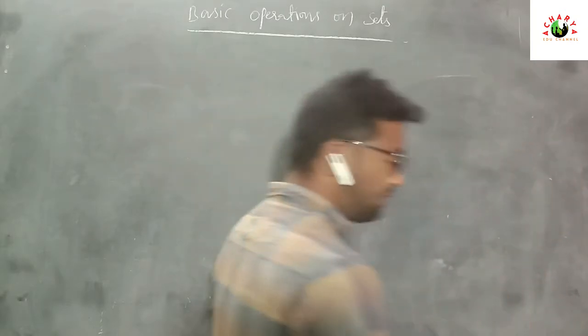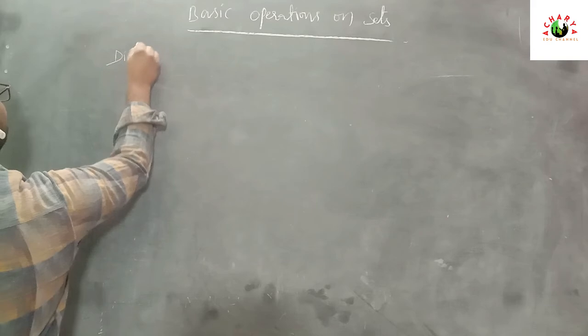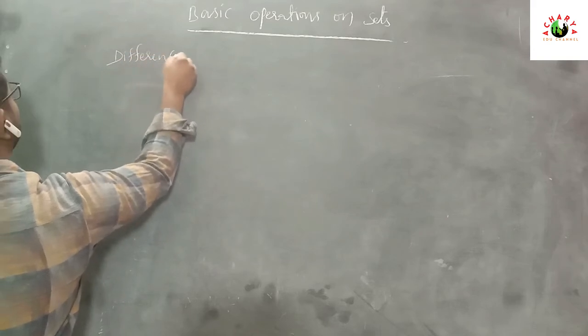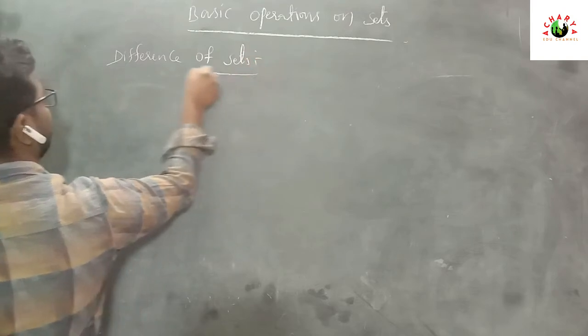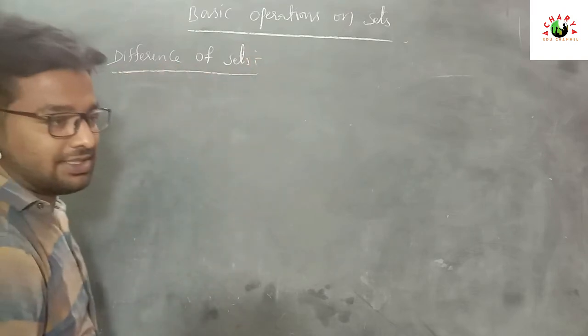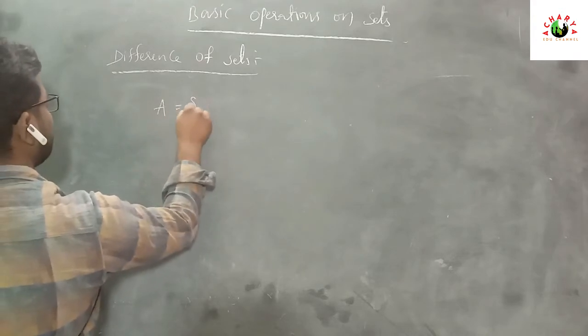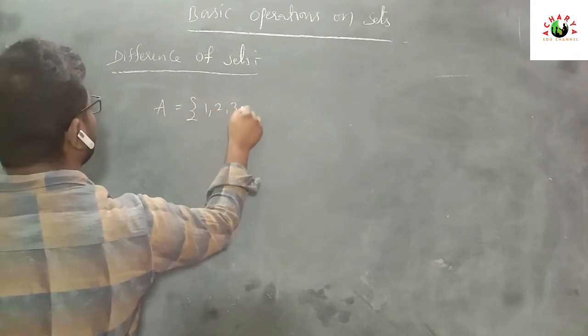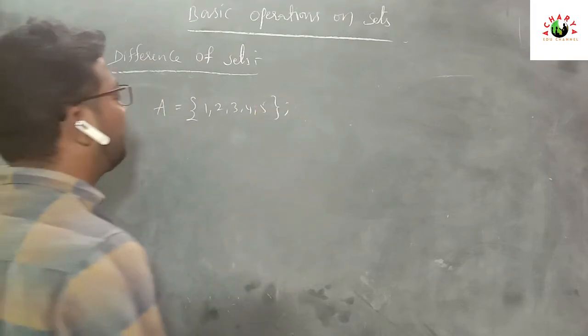The next one is difference of sets. I am taking the set A is equal to 1, 2, 3, 4, 5.